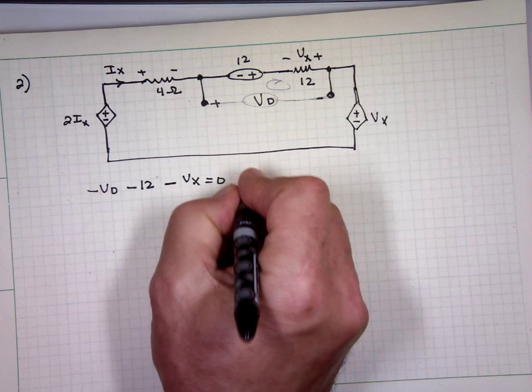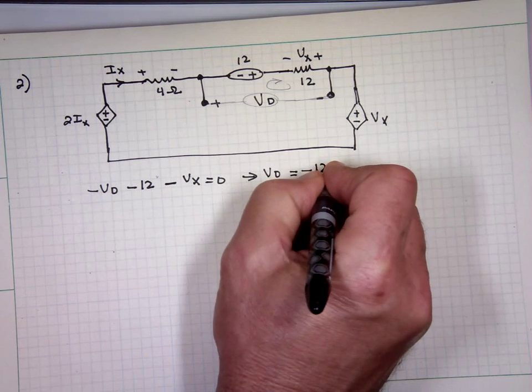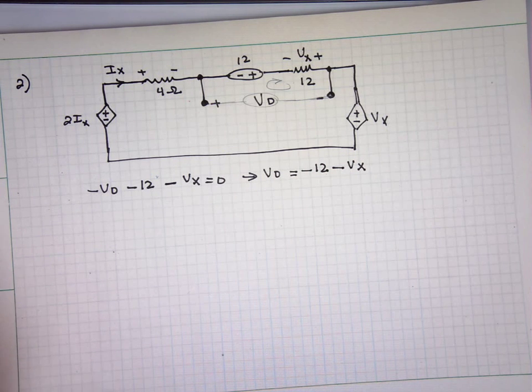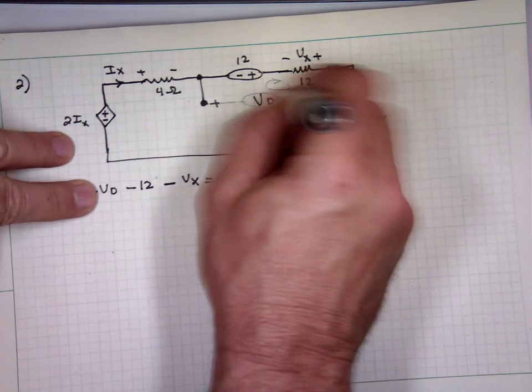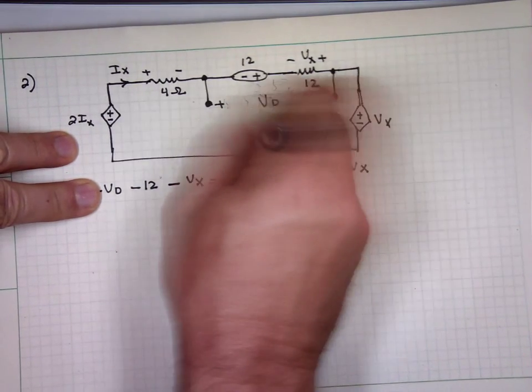Which means V out equals what? Negative 12 minus Vx. That's what V out is. V out is labeled as plus on the left side, minus on the right.